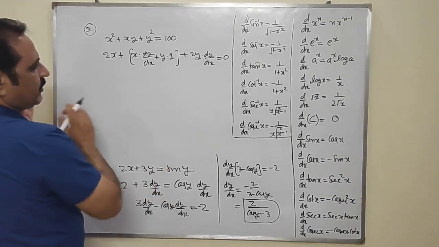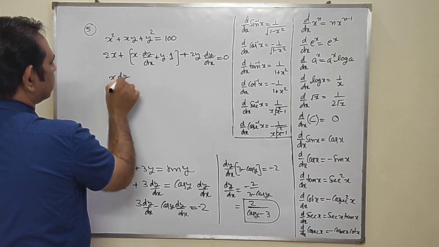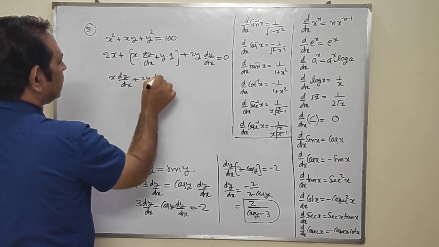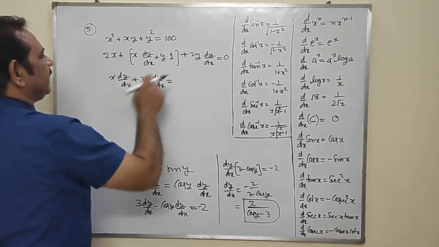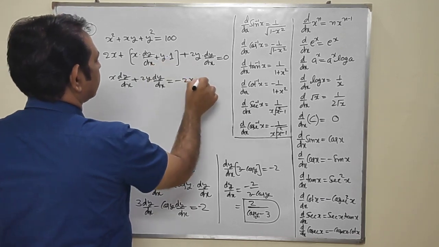Now separate dy by dx from all the terms. x dy by dx plus 2y dy by dx, and the rest of the terms to the right hand side, minus 2x and minus y.